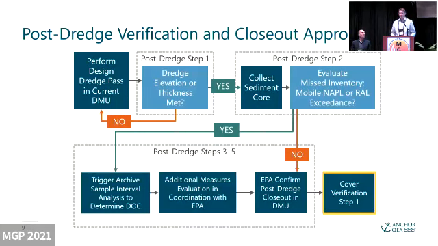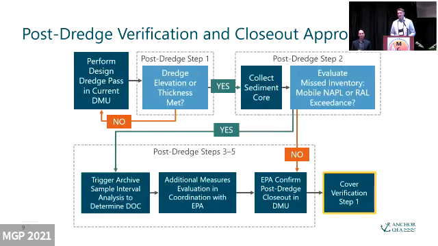And so that will probably be just one single additional dredge pass. However, based on site-specific factors, it could be based on depth of contamination, proximity to structures, slope stability, things like that, it may lead to engineered capping. Then we'll close out the DMU.